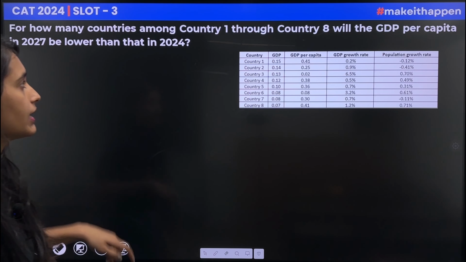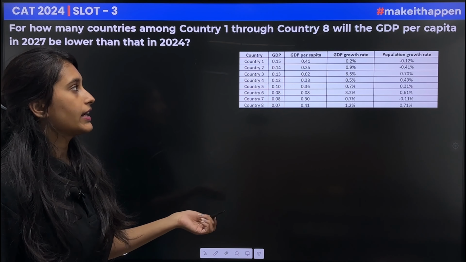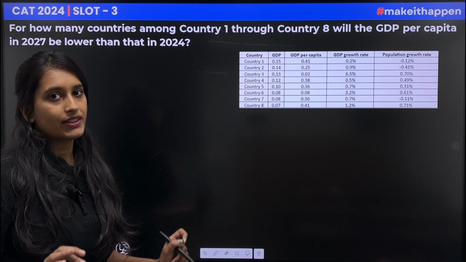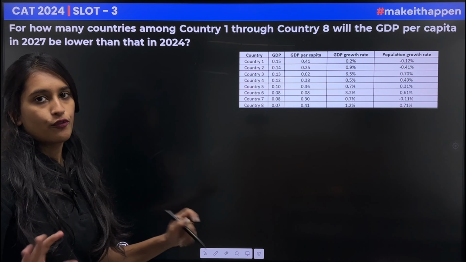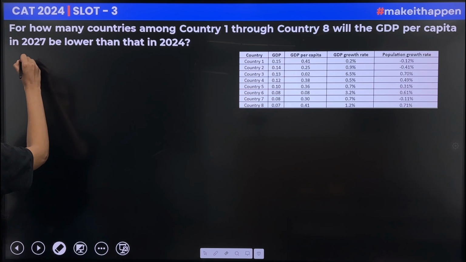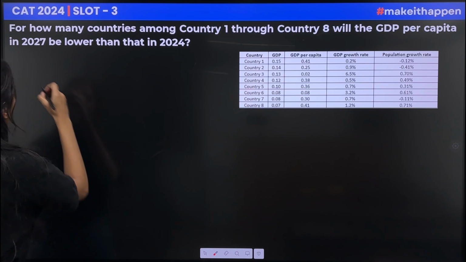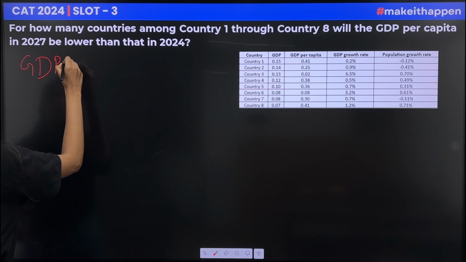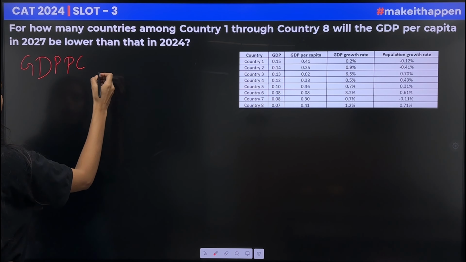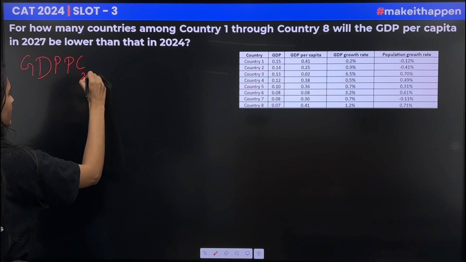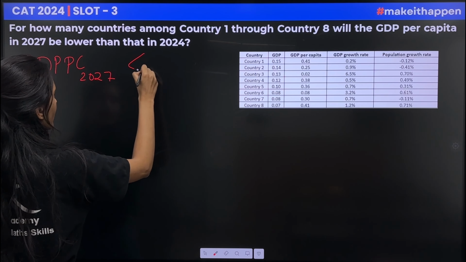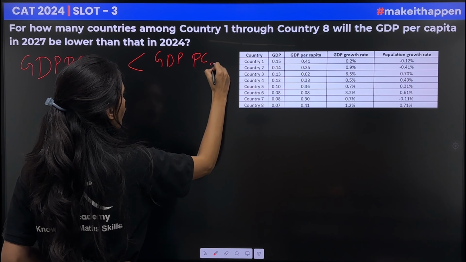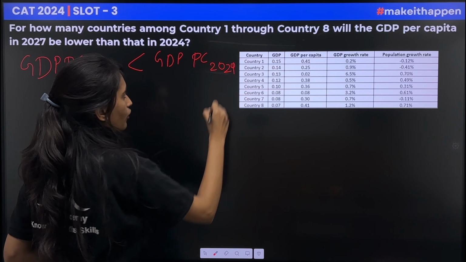For how many countries among country 1 through country 8 will the GDP per capita in 2027 be lower than that in 2024? So we want that GDP per capita of 2027 should be lower than GDP per capita of 2024.